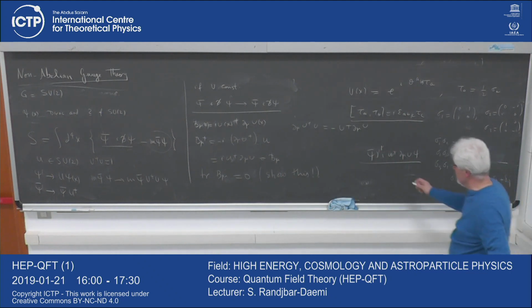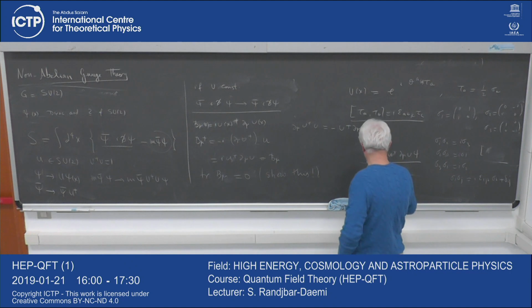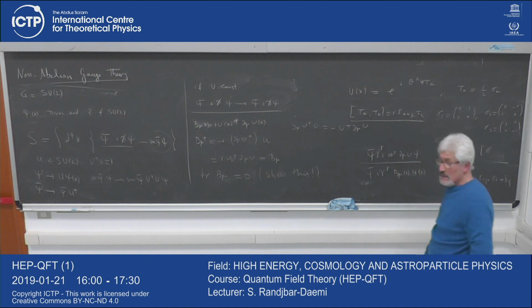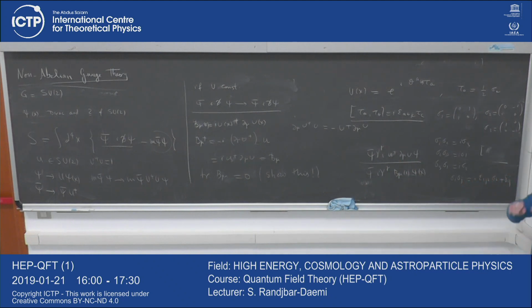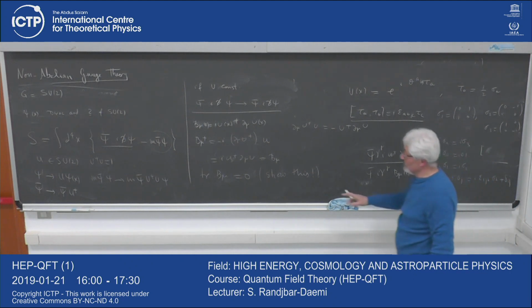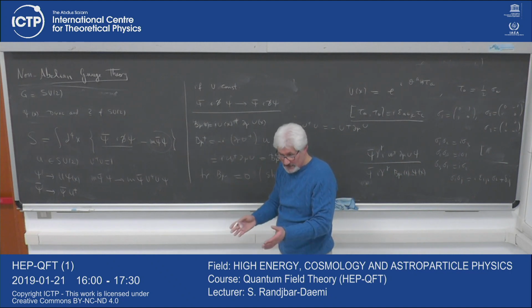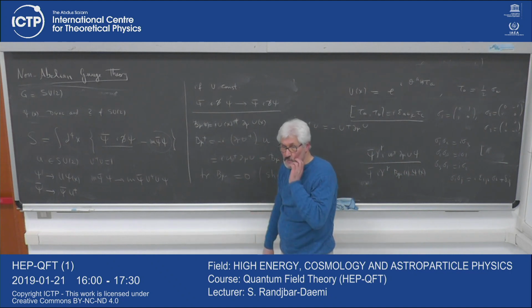This term has the structure psi bar gamma mu i B mu, where this B mu is a 2 by 2 matrix, and each component of that matrix is a vector field. It is obviously a vector field, right? So it's a 2 by 2 matrix of vector fields. Clear?